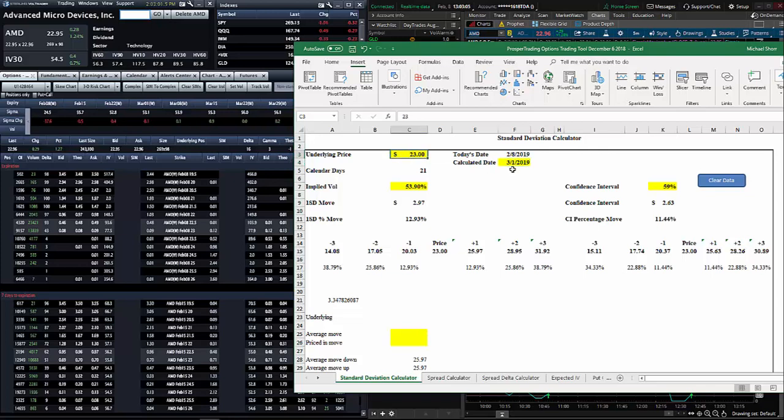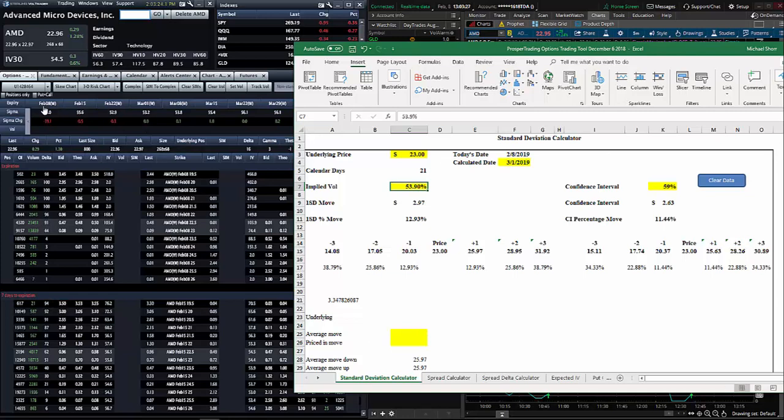We said we were trading 23 in AMD, the expiration is 3/1 of 2019, and the implied volatility, depending on what type of platform you're using, you're usually able to pull some sort of at-the-money implied volatility. For Sterling Vol Trader, which we utilize in Scott and my room, we can get that right here.